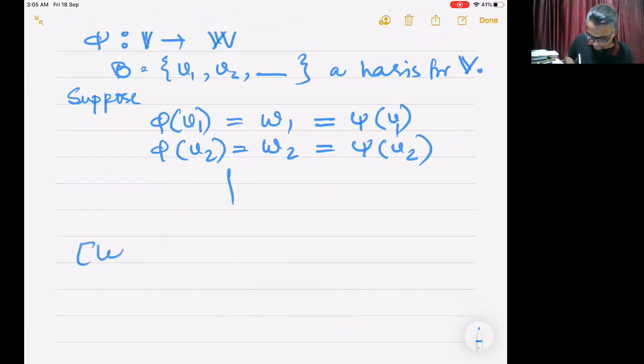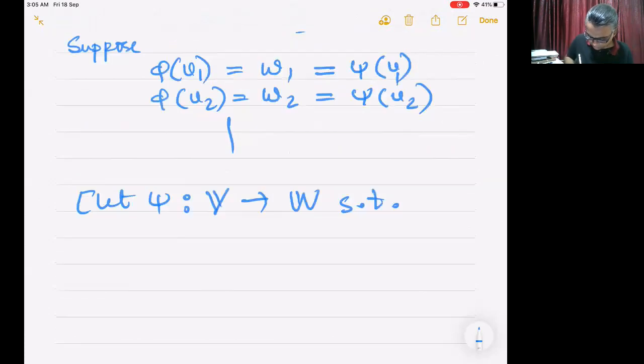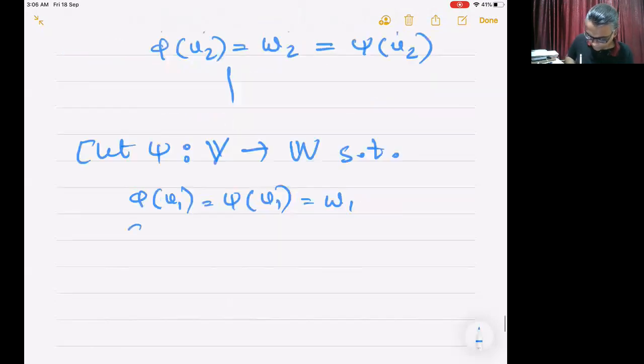So let psi be another map from V to W such that phi V1 is equal to psi V1 is equal to W1, phi V2 equals psi V2 equals W2, and so on.